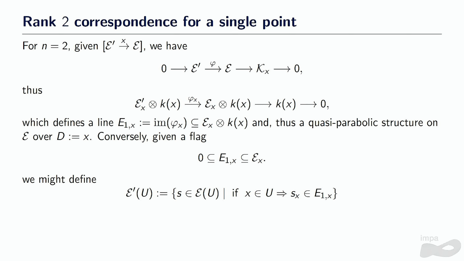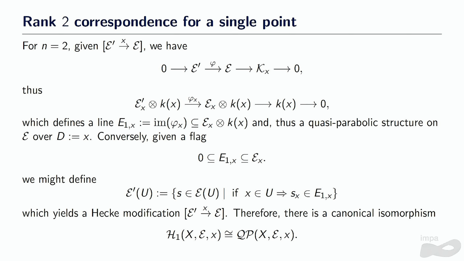And then, as an exercise, show that E prime is actually a Hecke modification of E. In this way, we have this correspondence between Hecke modifications and quasi-parabolic structures of a vector bundle.